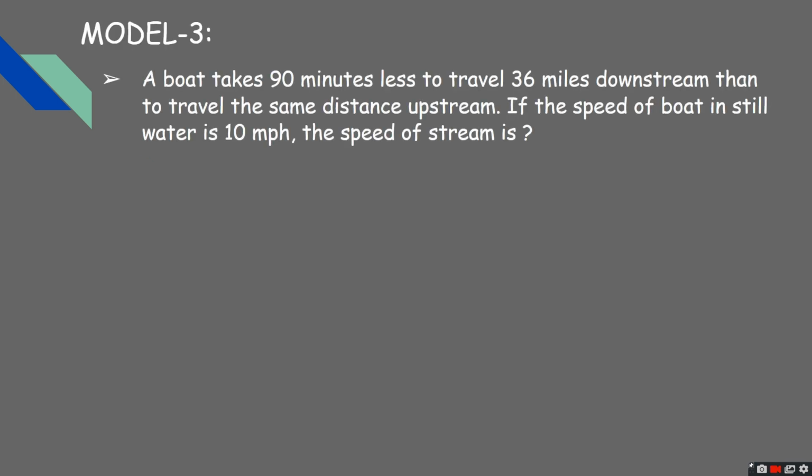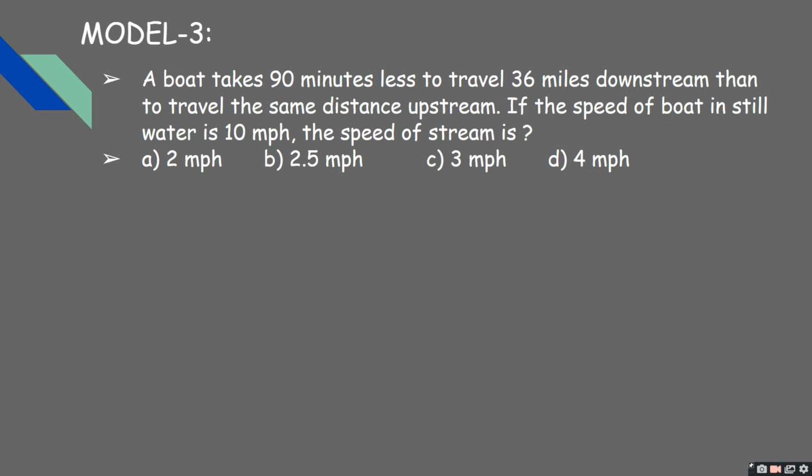Coming to the next question: a boat takes 90 minutes less to travel 36 miles downstream than to travel the same distance upstream. If the speed of boat in still water is 10 miles per hour, the speed of stream is? To find the speed, we have to know distance and time. Here, we don't know the time.